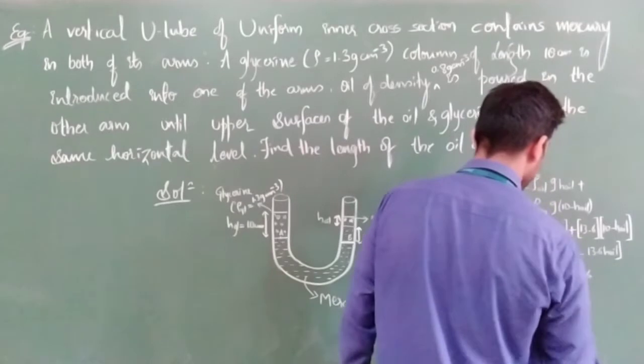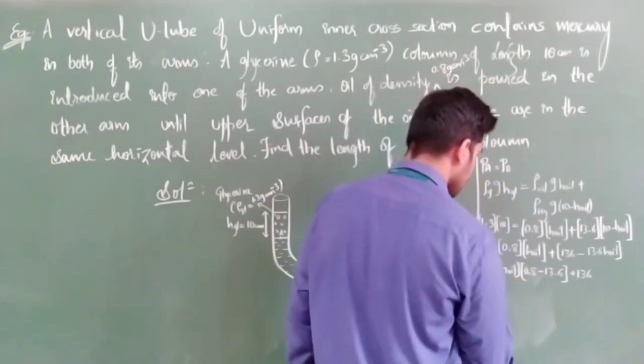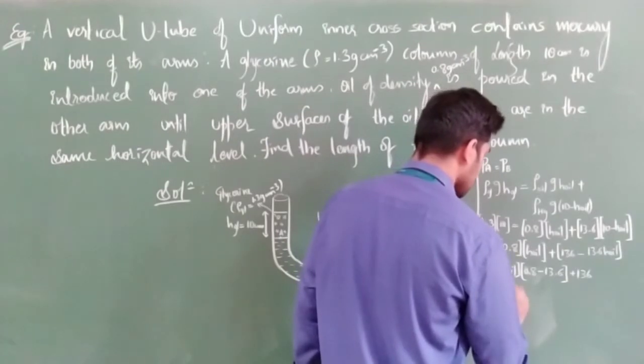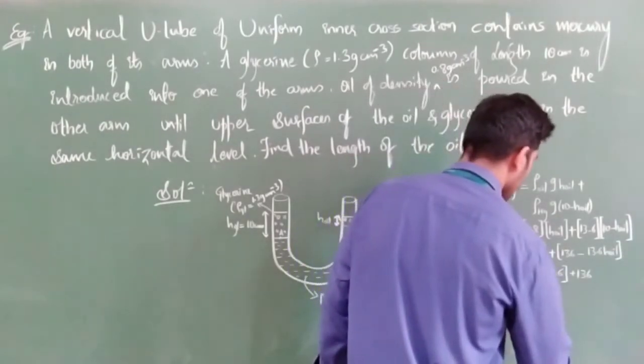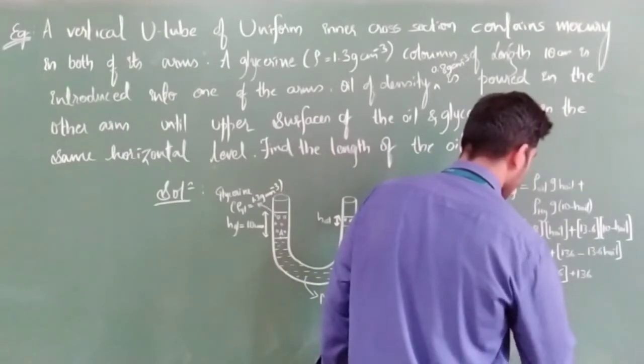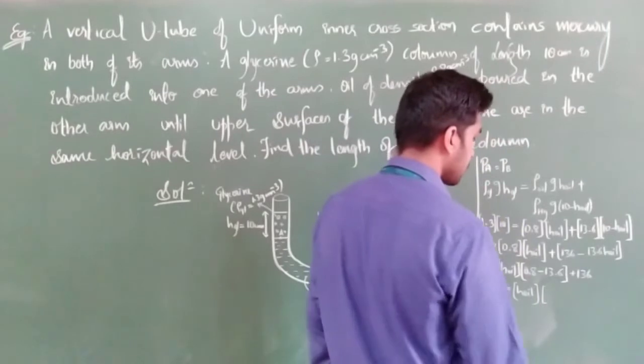So if you bring 136 here, 13 minus 136 is equal to H oil into bracket, 13.6 minus 0.8.